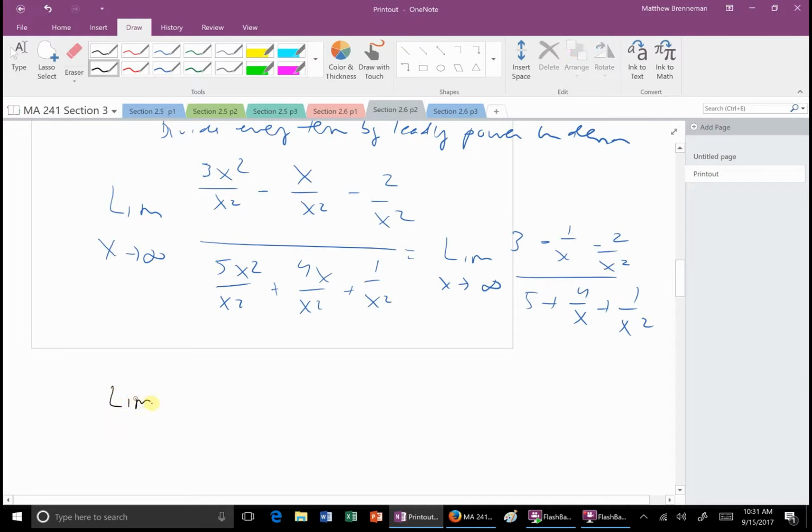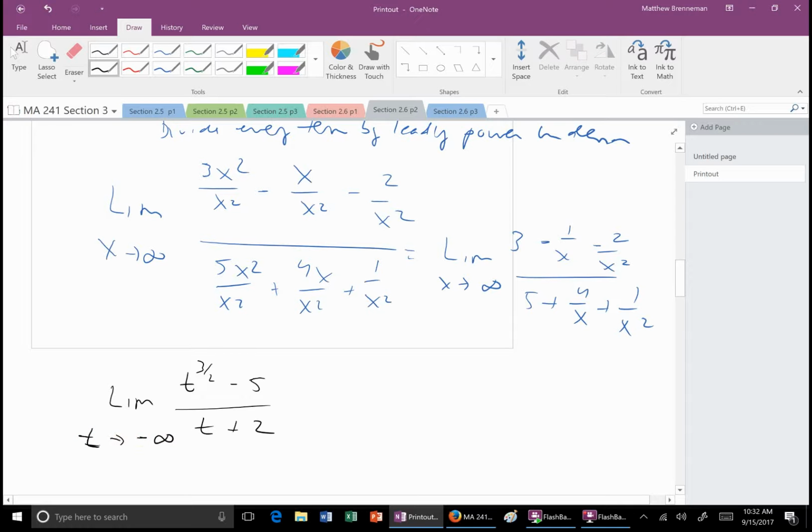Suppose I gave you the limit as x goes to infinity of t to the 3/2 minus 5 over t plus 2. Actually, let me use t for this. t goes to negative infinity, sorry.